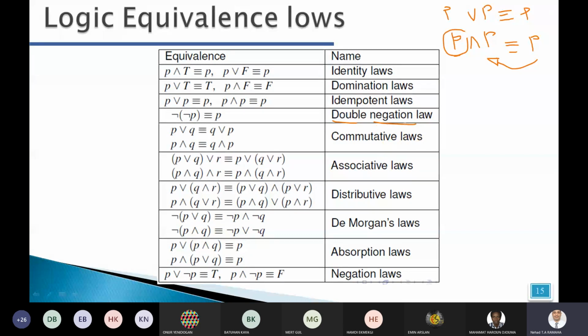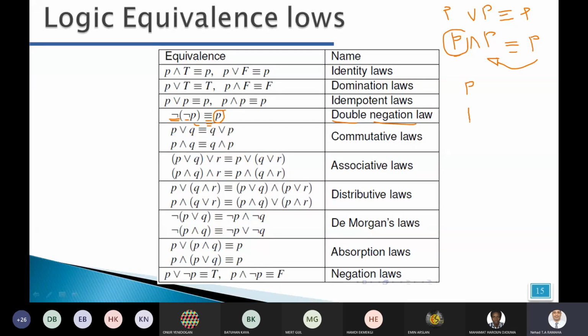Then the double negation law says that if we have the negative of the negative of P, it's logically equivalent to P itself.